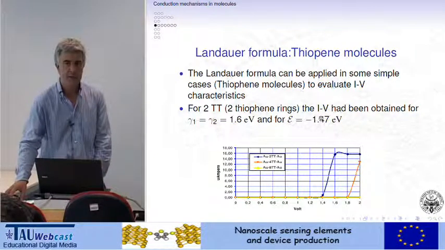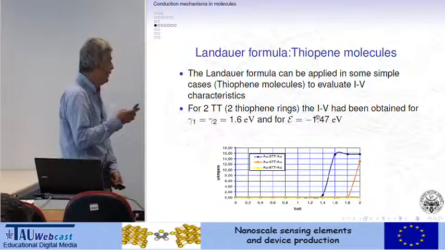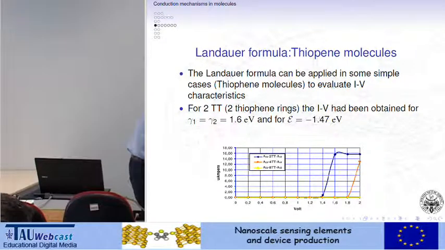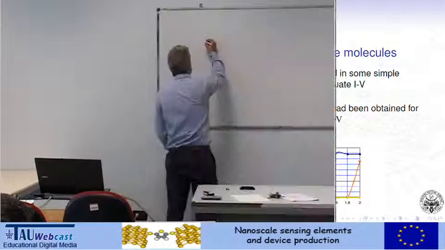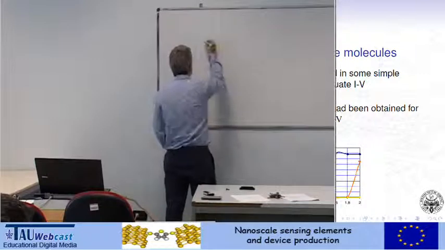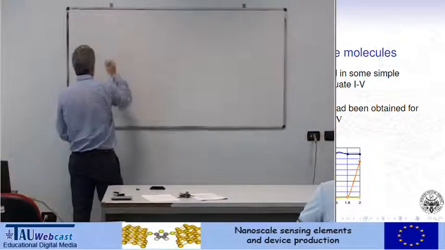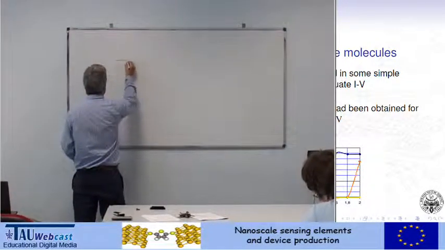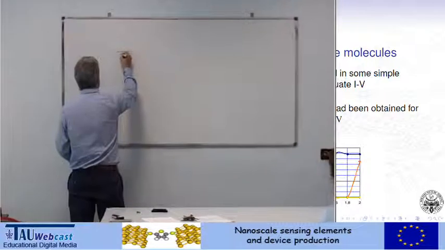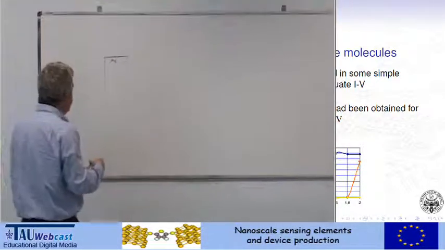So the idea is quite simple. Now we can try to analyze what I said. So in the system, electrode 1 is considered as a reference. So the Fermi level here can be used as a reference point.